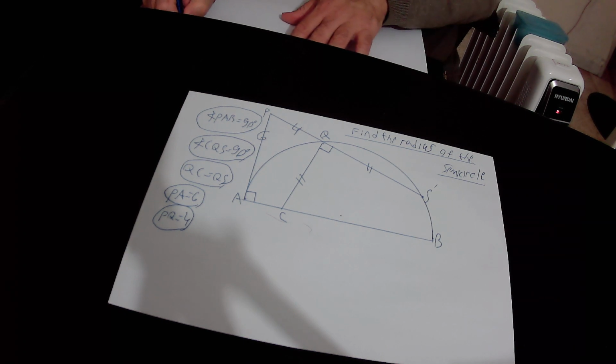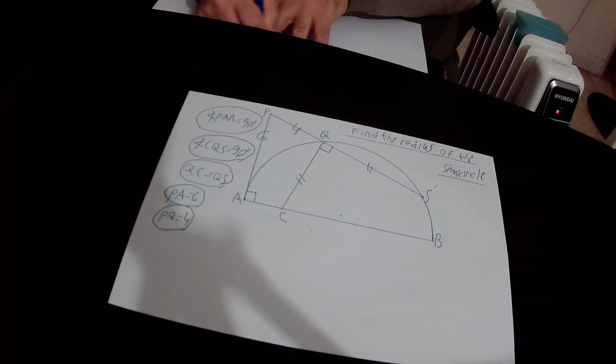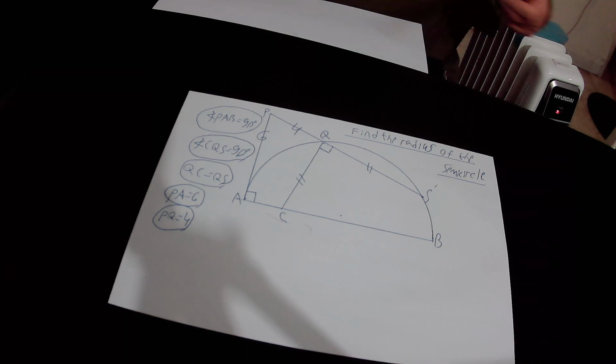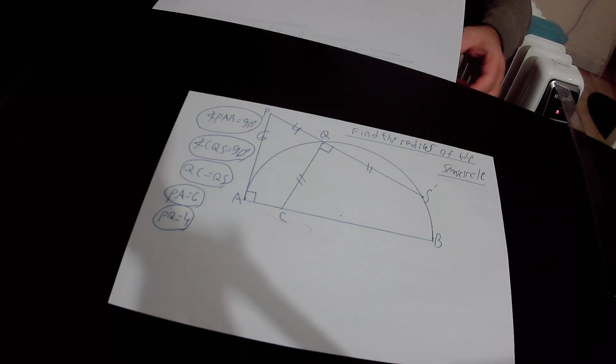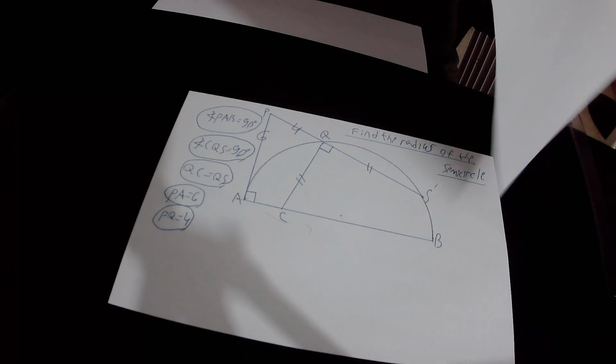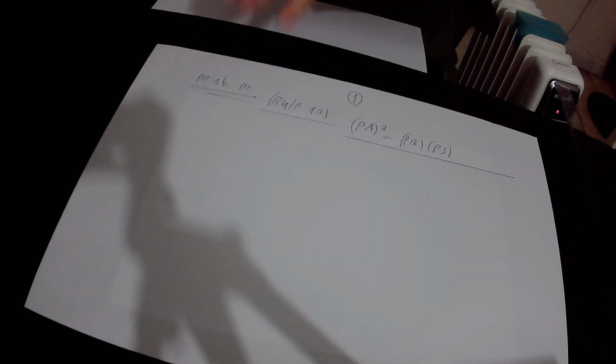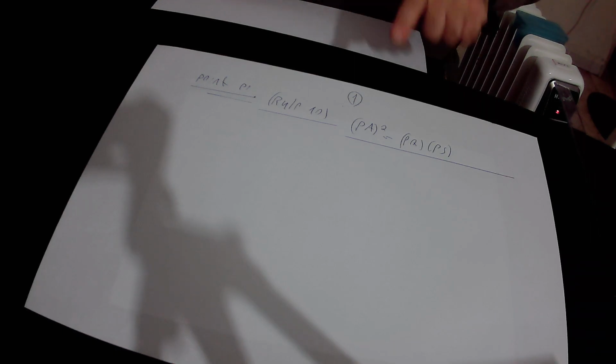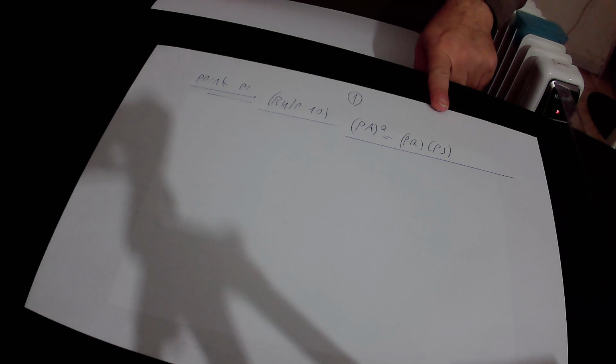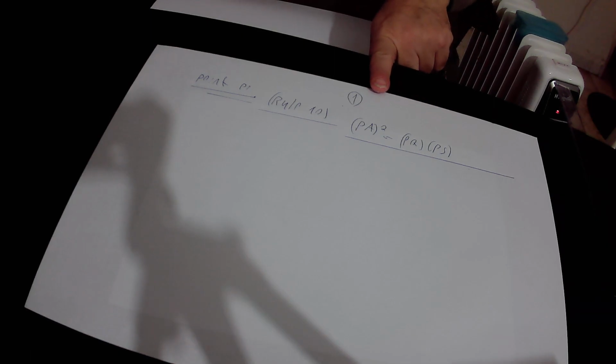Repeat again. If we focus at point P in the drawing, we get that according to rule number 10, PA square equals PQ times PS. This equation is the implementation of rule number 10 in our drawing.